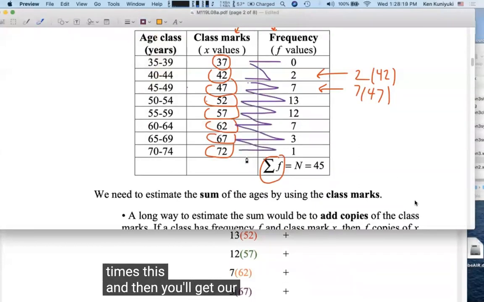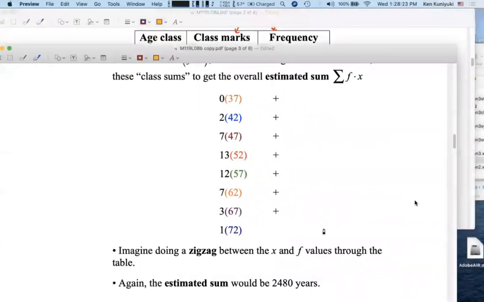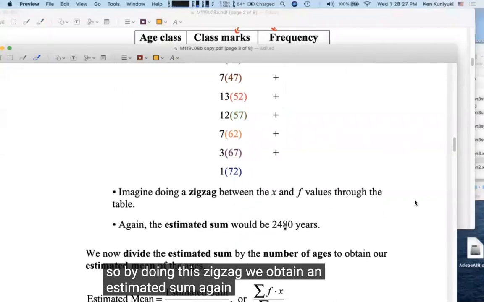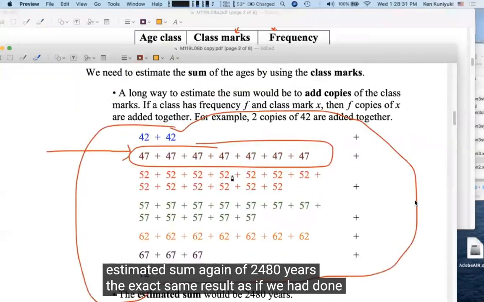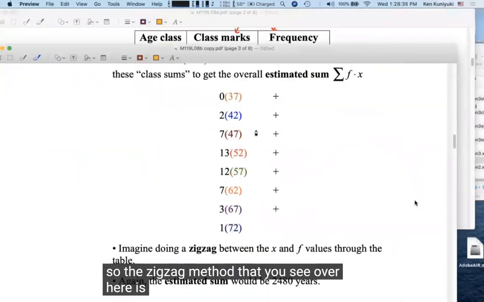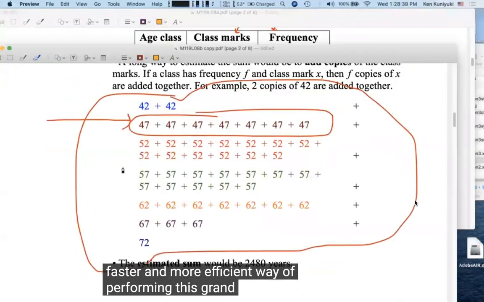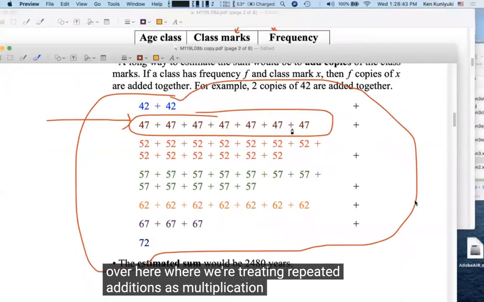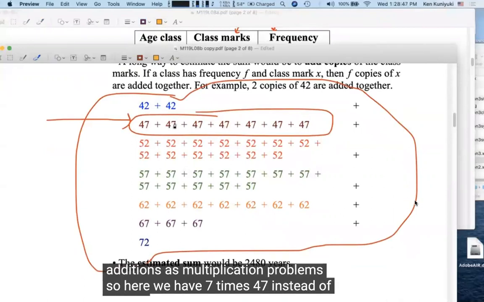And then you'll get our estimated sum. So by doing this zigzag, we obtain an estimated sum, again, of 2,480 years. The exact same result as if we had done it this way. So the zigzag method that you see over here is just a much faster and more efficient way of performing this grand addition over here, where we're treating repeated additions as multiplication problems. So here we have 7 times 47 instead of adding all this stuff up.